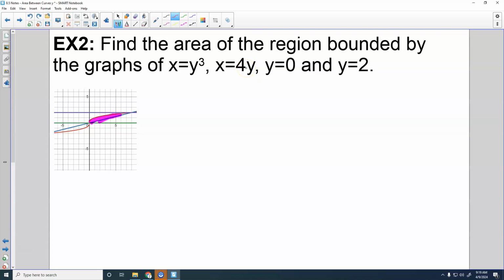Now, we graphed this on Desmos, which is a little bit of a cheat because we really would not be able to use a calculator on this. So you may or may not be able to tell what your intersection points are from that. You can kind of guess it's probably going to be 0 to 2. But you could, if you needed to, set these equal. y to the third equals 4y. How do I solve that?